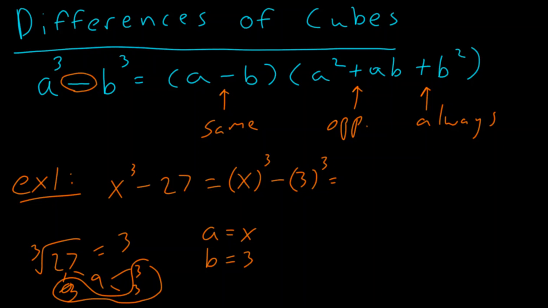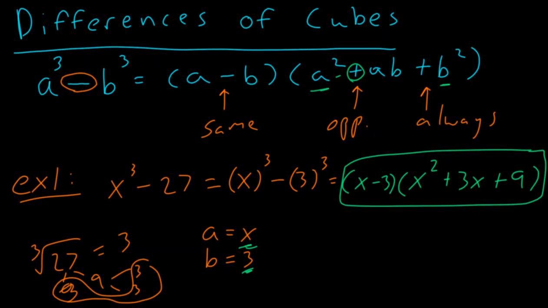Well, let me switch colors here, and we could say, since our a value is x and our b value is 3, we can do x minus 3, parentheses, our a value is squared, so x squared is just x squared, and then we'll put this plus sign, and then we have 3 times x, which is 3x, and lastly, we have plus b squared, so I'll put plus 3 squared, which is 9.